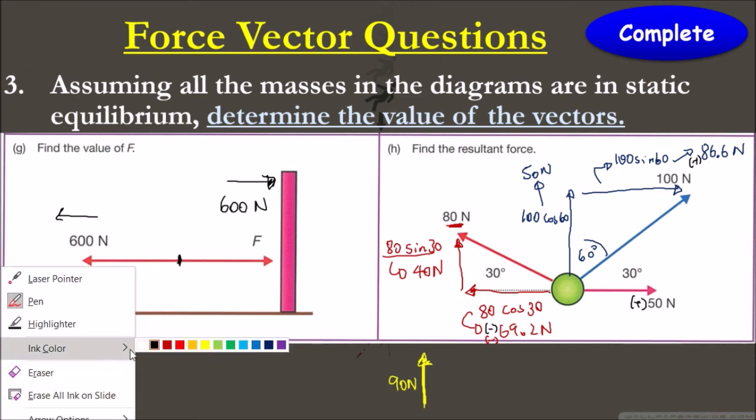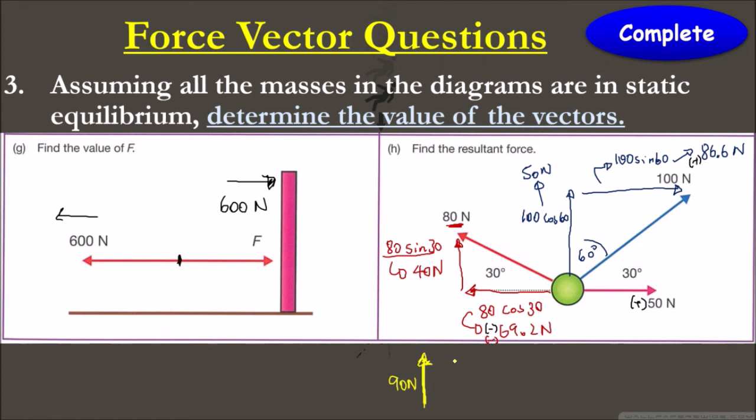So the net resultant force horizontally is to go in this direction at 67.4 newtons. Draw my vector arrow, goes this way, and I get sine theta here.